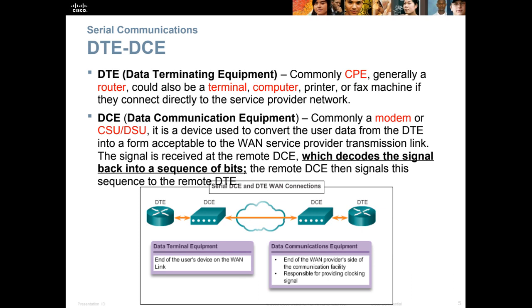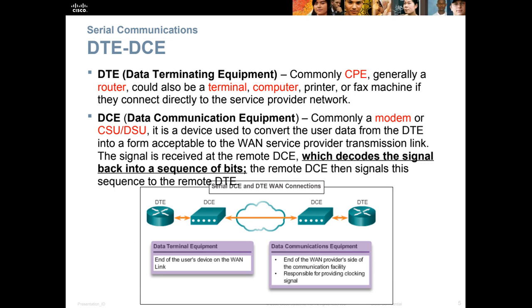DCE is data communication equipment, like a modem or CSU/DSU. It is a device used to convert the user data from the DTE into a form acceptable to the WAN. Got it? This is where you connect to the WAN. The signal is received in the remote DCE, which decodes the signal back into a sequence of bits.